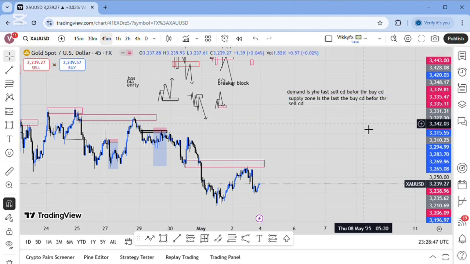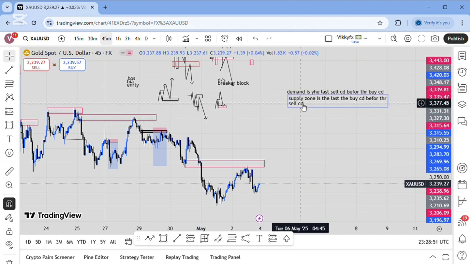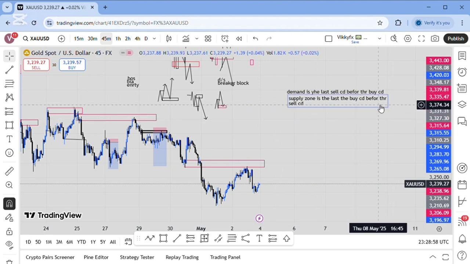So you guys can understand what I mean. For a buy, that is the demand zone. Demand is the last sell candle before the buy candle. The supply zone is the last buy candle before the sell candle.